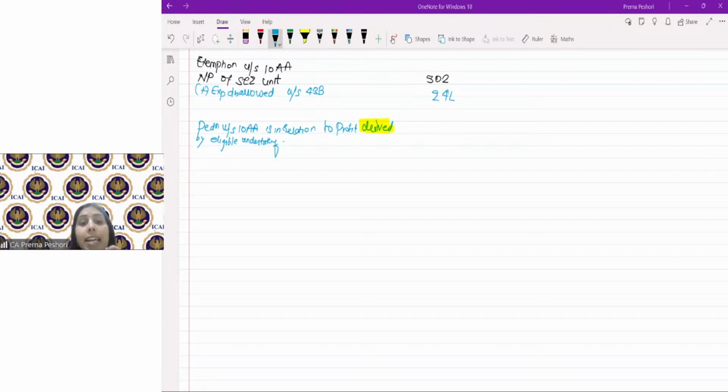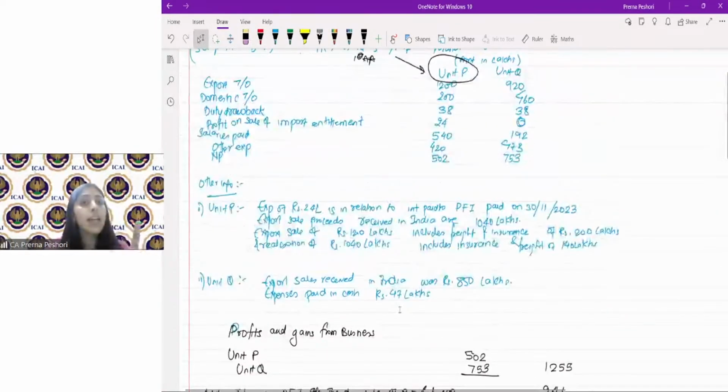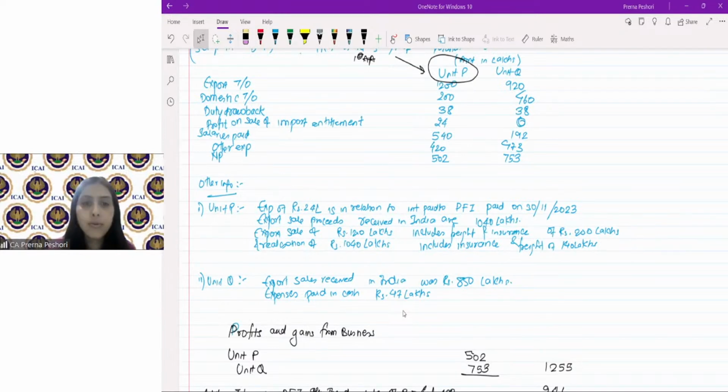Similar is the case with the import entitlement, profits on the sale of the import entitlement. All of these are ancillary profits, and therefore these will not be eligible for the deduction under 10AA. So I will reduce this.